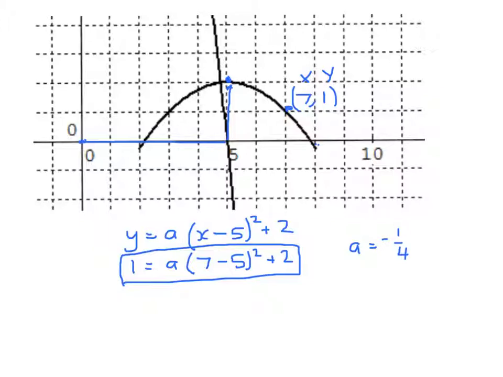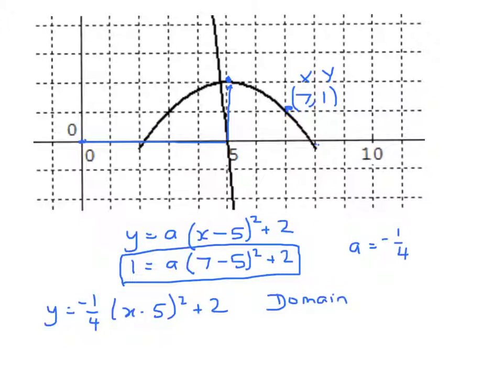So my function is y equals negative 1/4, and we can see the parabola is negative because it's upside down, times x minus 5 squared plus 2. Now the domain, remember, is the x values.